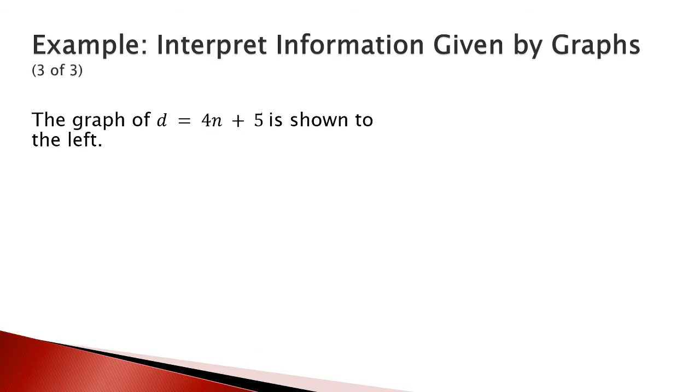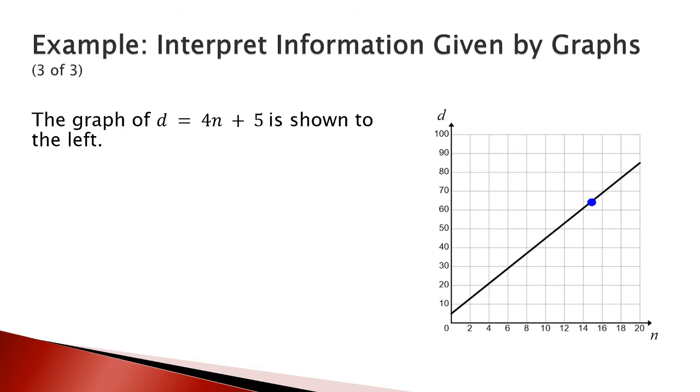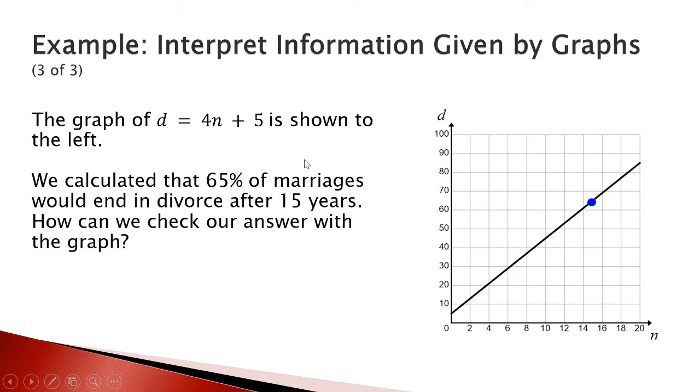So let's see how to interpret this information using a graph. When we plot the graph of this equation D equals 4n plus 5, we will get a graph like this. Here n represents the x-axis, the number of years, and the percentage of divorce D will be represented by the y-axis. Here we know the value of n, the value on the x-axis, that means 15.